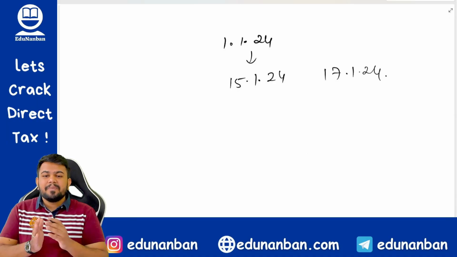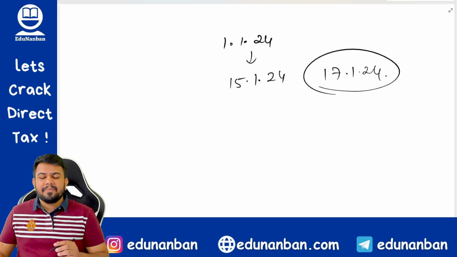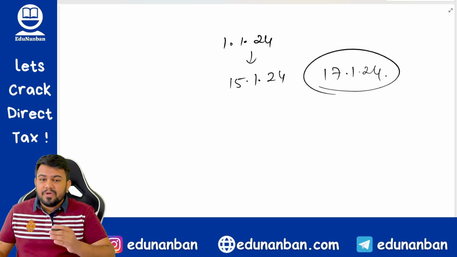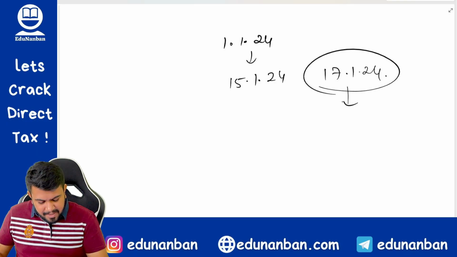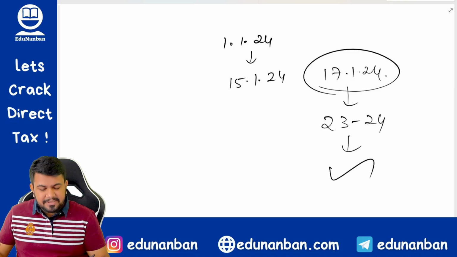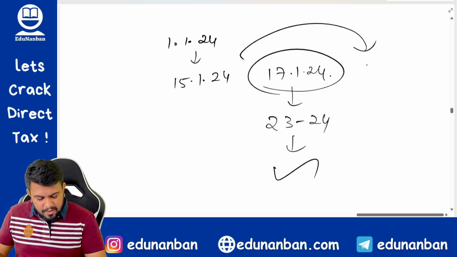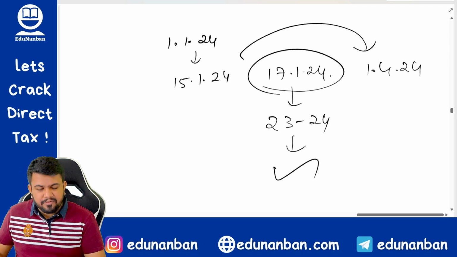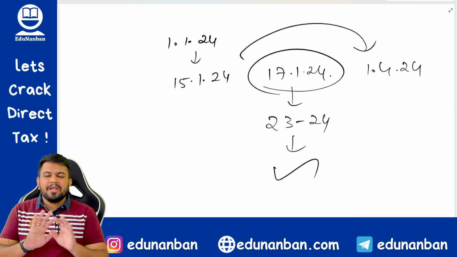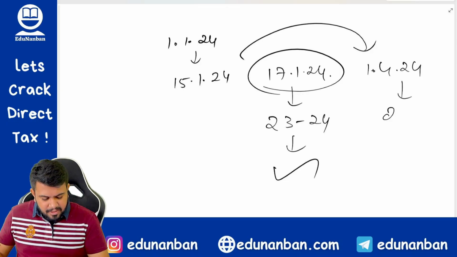So is this payment within the due date as per MSMED Act? Answer is no. It is beyond the due date. However, the payment is made within 23-24 itself, that is why it will be allowed as deduction in 23-24. But what if the same payment is made on 1st of April 2024? In such case, it will not be allowed in 23-24, it will be allowed in 24-25.